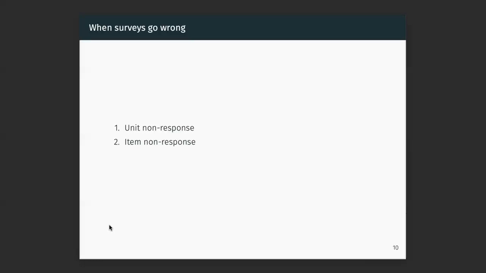It's often the case that people will choose not to answer a survey question because it may reflect poorly on them or because it makes them uncomfortable, right? And it's often the case that when that happens, the value that they would have reported, had they reported it, will be correlated with the likelihood that they answer the question in the first place, right? That is, some people will be more likely to answer the question than others based on their characteristics.